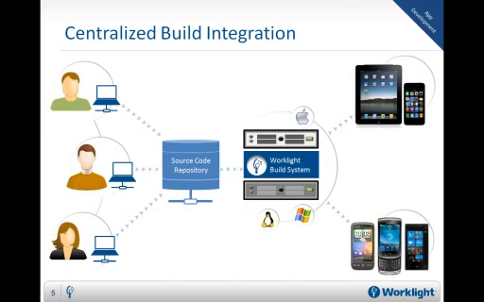The build process is a very important part of any development, and development for mobile devices is not different in this aspect. In this version, we've significantly enhanced the build process and adjusted it to the enterprise development environment. Worklight 4.2 now includes a completely new build engine for creating native mobile projects out of your application source code.